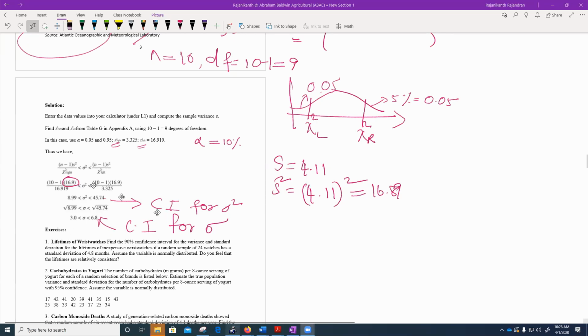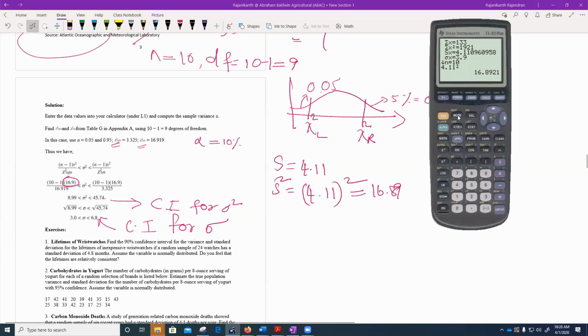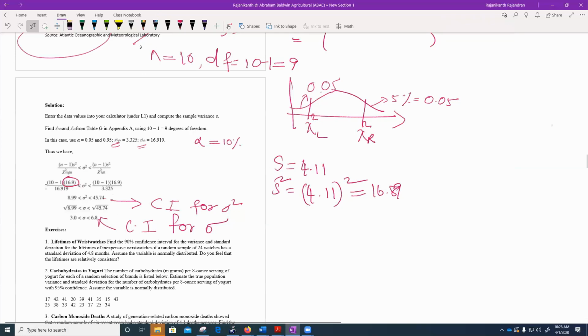Oh, so you need to first fill the data values, right? You know that, right? No, I'm talking about with the table. What do you do with the table? Oh, that is to find the chi-square value. Not for the chi-square value, right and left, right? These two values, no? You are asking about these two, right? Yeah. Okay, so now how do you find the chi-square right side? You need to know the right side area then, this area.